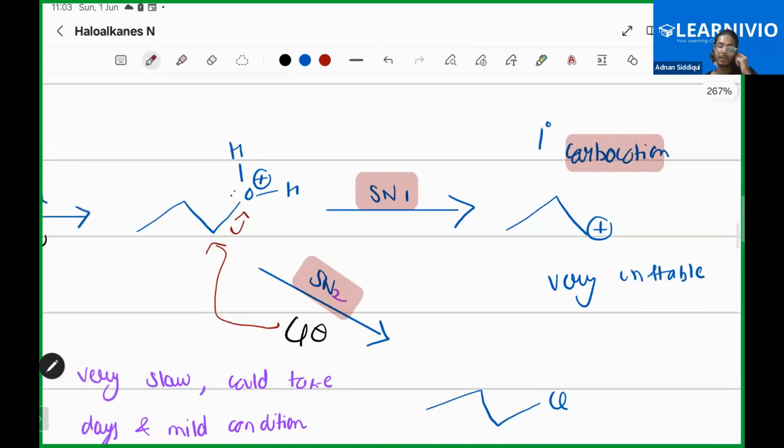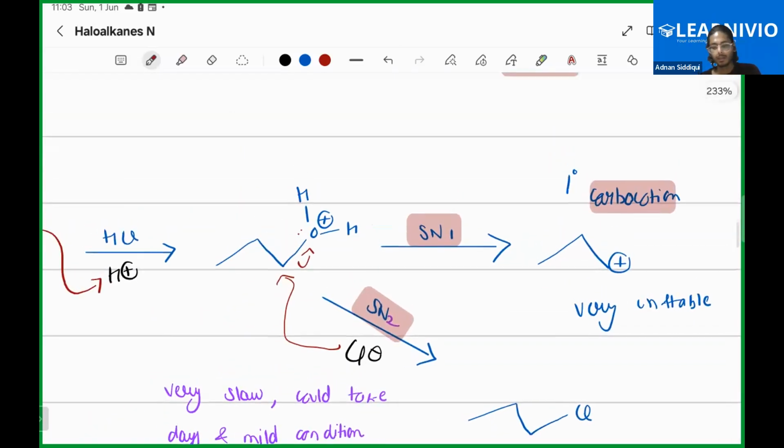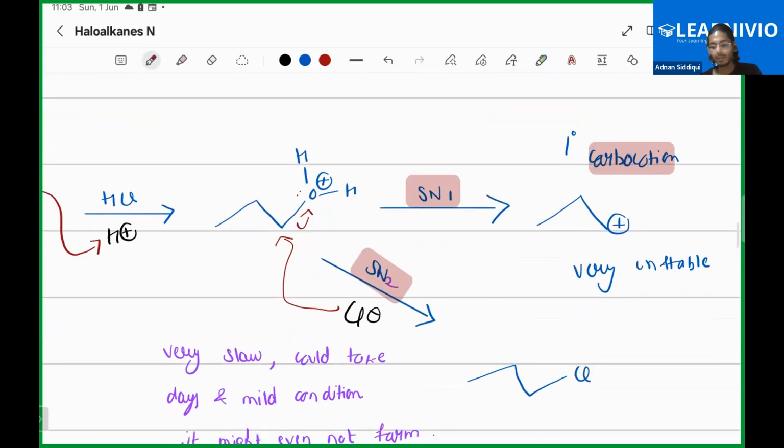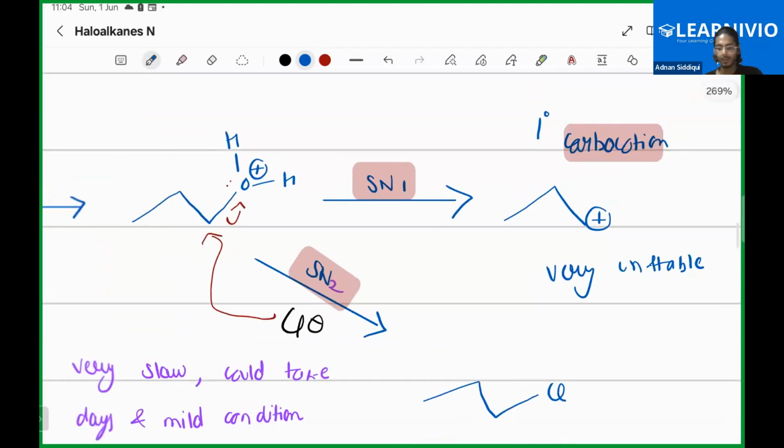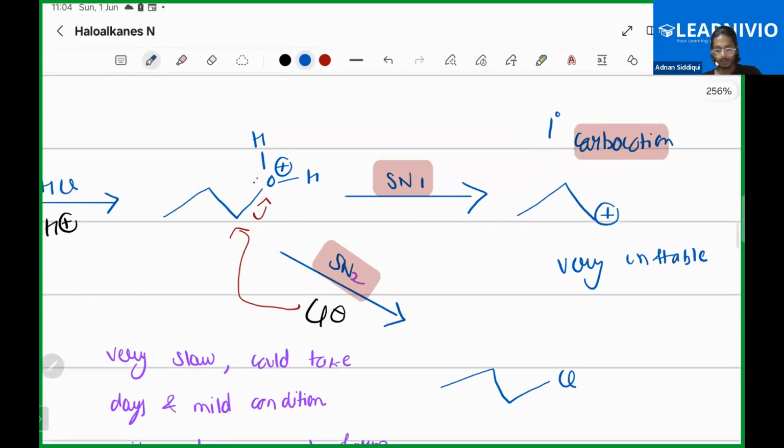Now 1-degree carbocation is very unstable. Why? Because there are not many groups which can donate electron density. Here we have only hyperconjugation. Have you heard about hyperconjugation? No, sir. Okay, see.